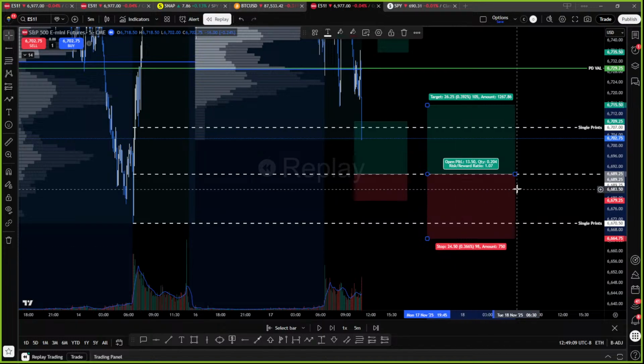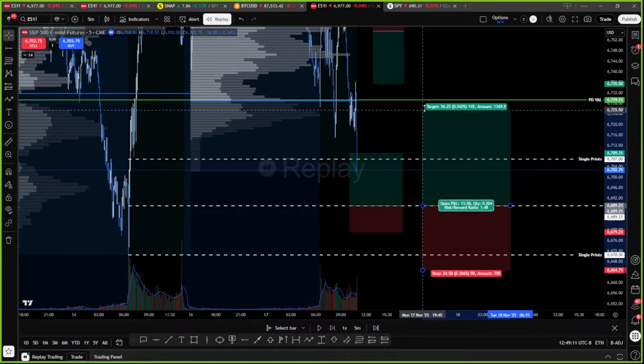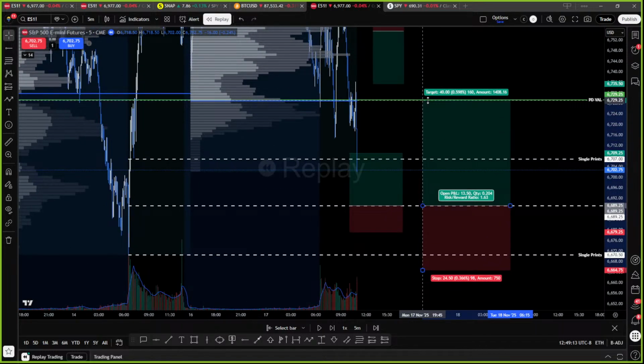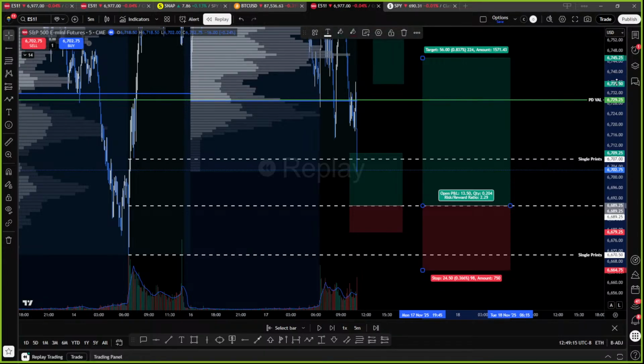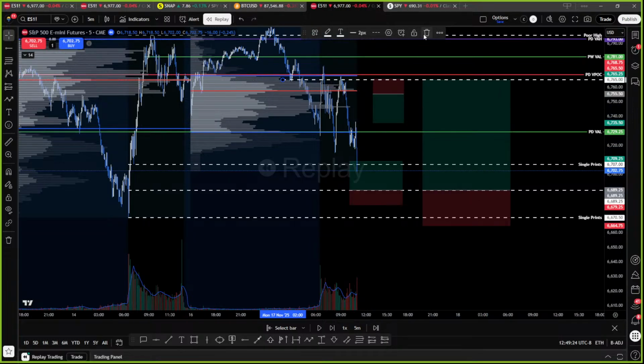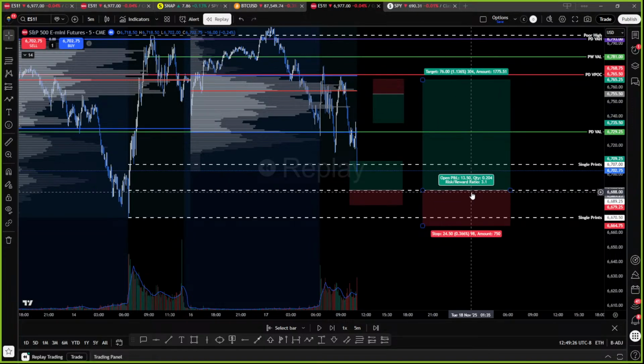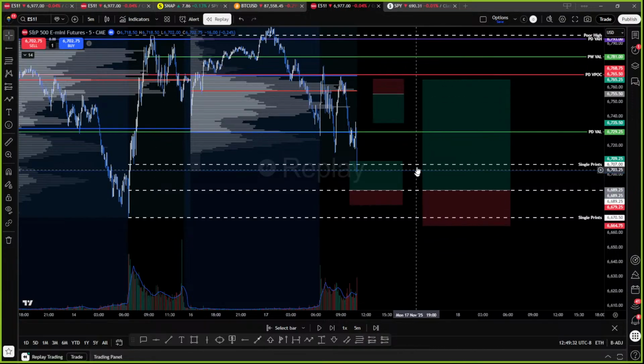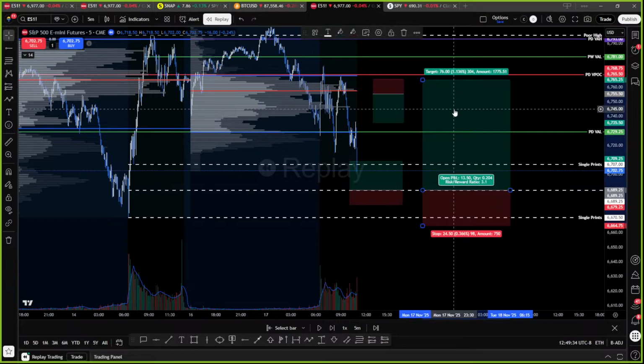I could do a really small, like a couple MES or whatever, but I would rather wait for a setup where I don't feel like I have to risk as much to catch a massive move.